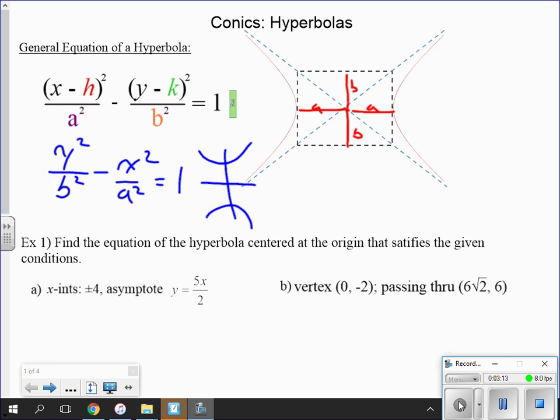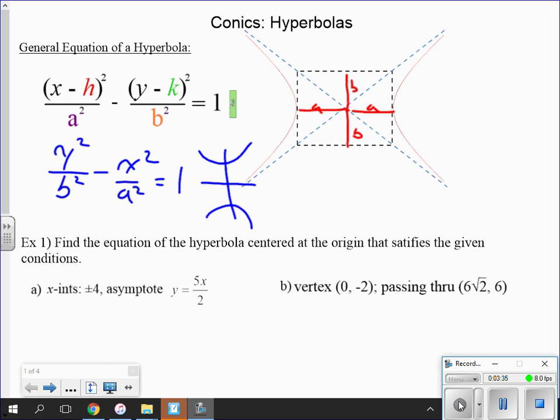If your y is in front, it opens up and down vertically. If your x is out in front, it opens up left and right horizontally. So you do have to pay attention to which one is which. It does make a difference which one comes first, the x or the y, because it is subtraction.